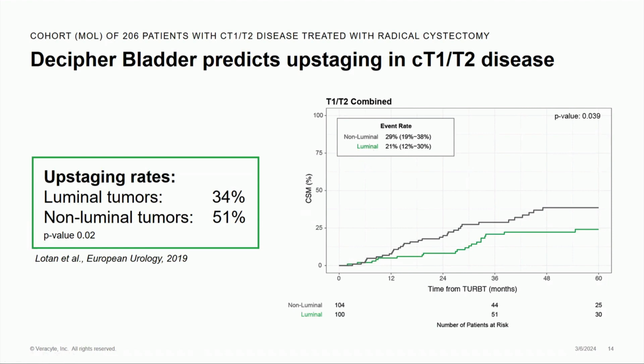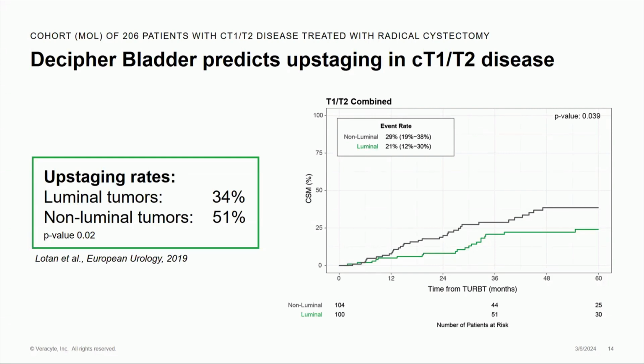Before this, you had evidence that non-luminal tumors, if you take a cohort treated without chemo, so just cystectomy, and then a separate cohort treated with cystectomy and neoadjuvant chemo, the non-luminals benefit more from neoadjuvant therapy.